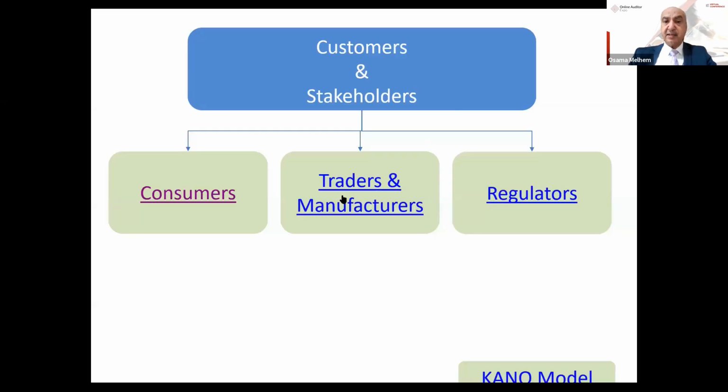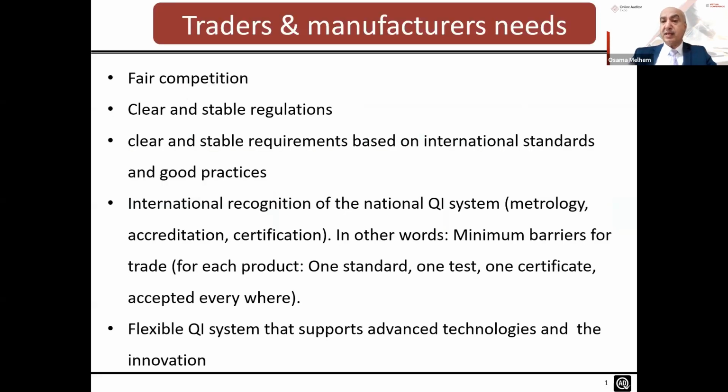What about the traders? Traders and manufacturers also, what do they need from the quality infrastructure? They need fair competition. They need clear and stable regulations. They need clear and stable requirements based on international standards, not something invented or tailor-made for this country.